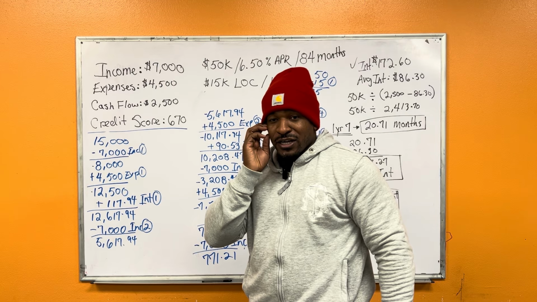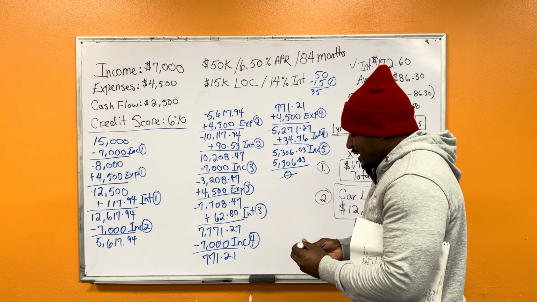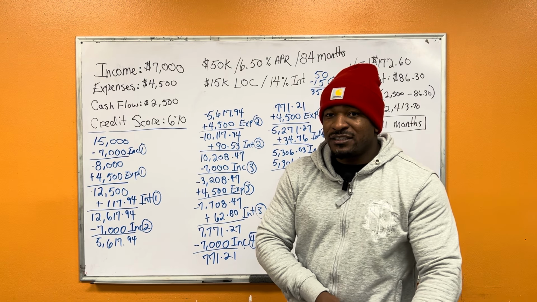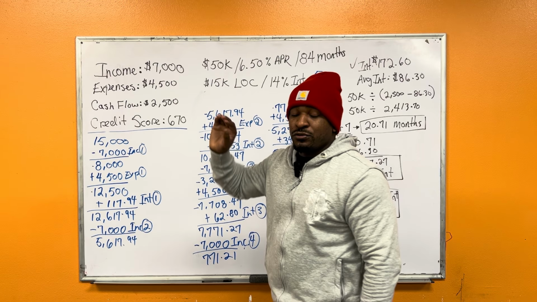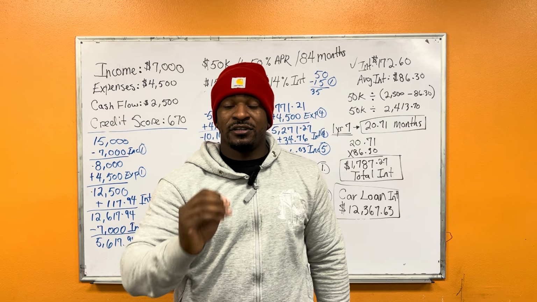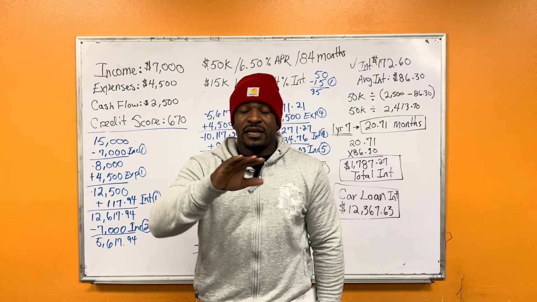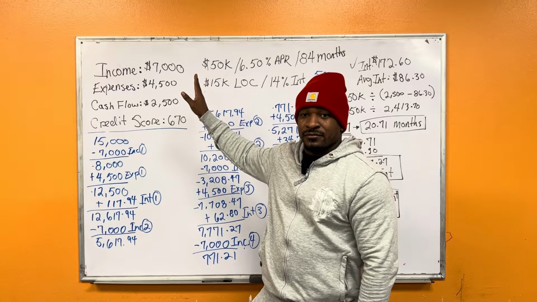So what does this mean? What this means is every 5 months, I can make a $15,000 chunk payment towards the principal of my car loan, to pay down the $50,000 debt that I have.